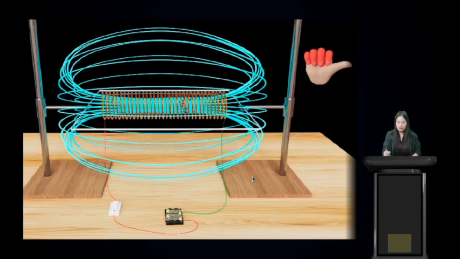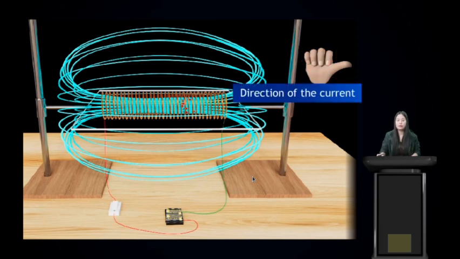In this case, take your right hand and hold your hand like this. The direction of the fingers will give the direction of the current. Why? Because a solenoid is not a straight conductor. It has many circular turns.